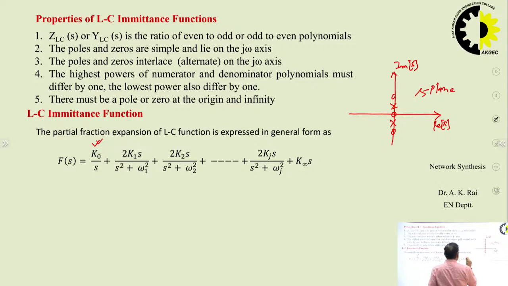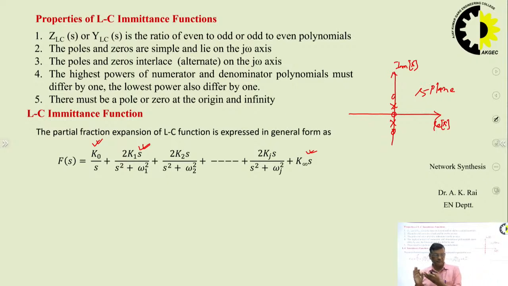And this k infinity s term we get when we remove a pole at infinity. And these terms are basically removal of conjugate imaginary poles. So for LC immitance function, we can have a combination of all these 3: removal of pole at origin, removal of pole at infinity, and removal of conjugate imaginary poles.